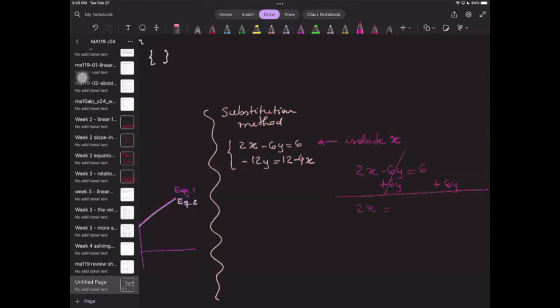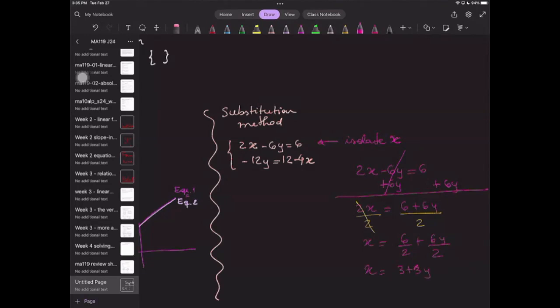So we have 2x equals 6 plus 6y. And then divide everything on both sides by 2. So this is x, and then you have 6 divided by 2 and 6y divided by 2. As I said, we can divide 6 by 2 and the result is 3. So this is 3 plus 3y.